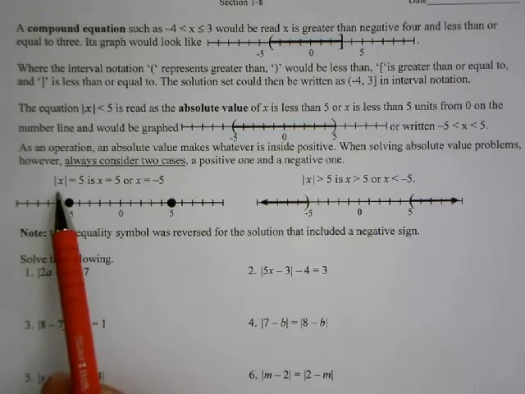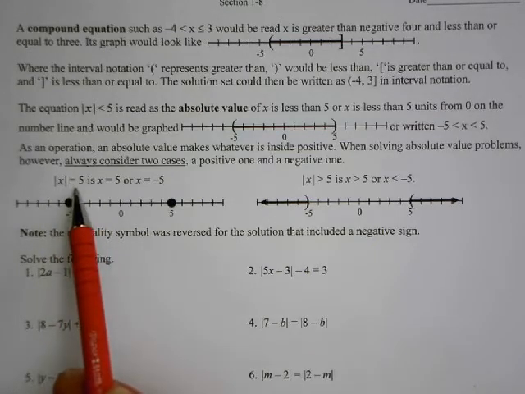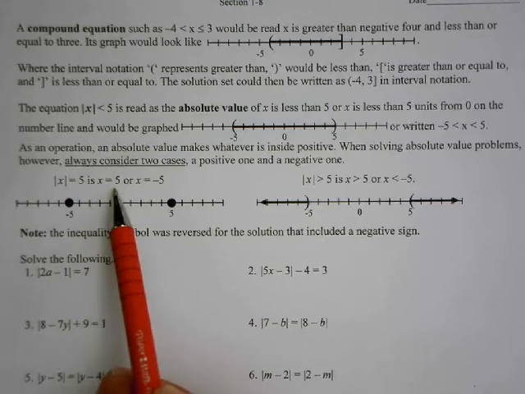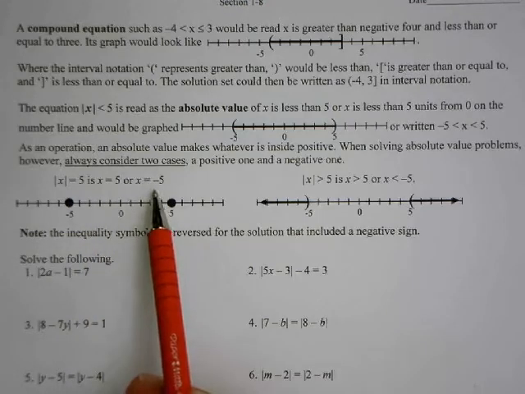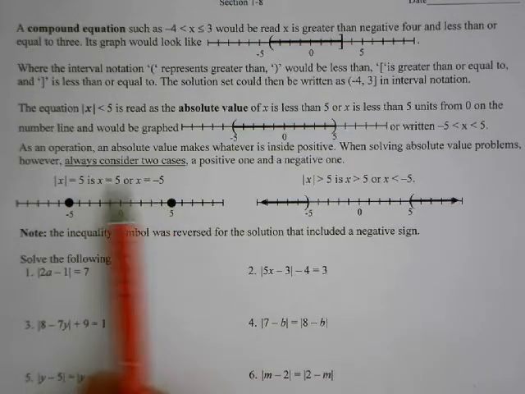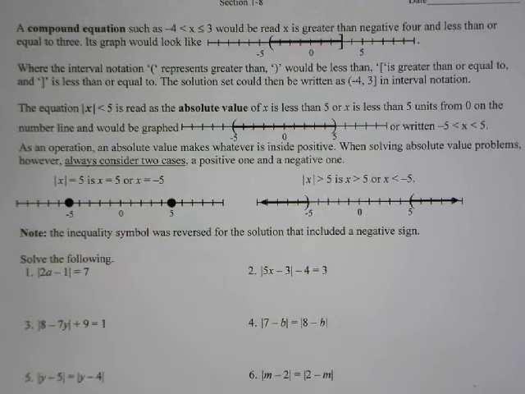For example, if the absolute value of x equals 5, then x could be 5, or x could be negative 5. And it is those two possibilities that we always have to consider.